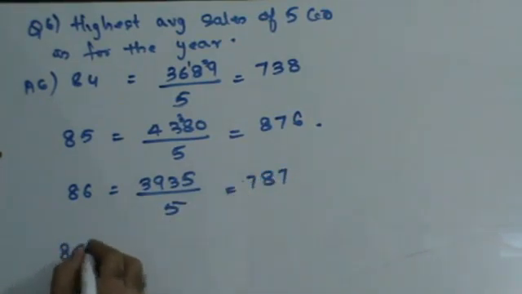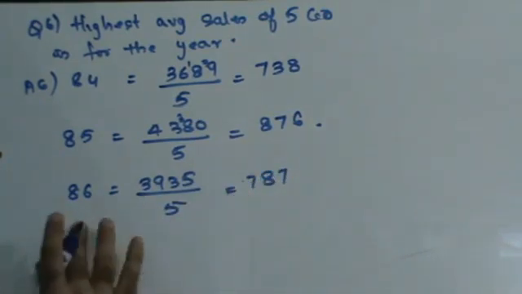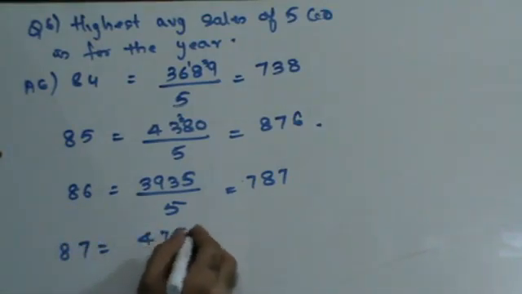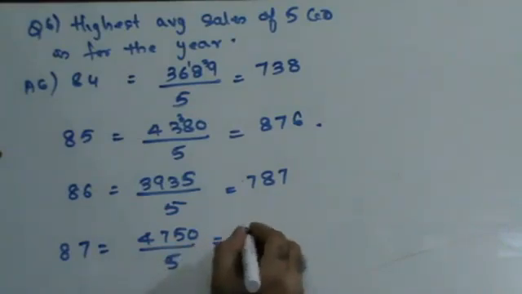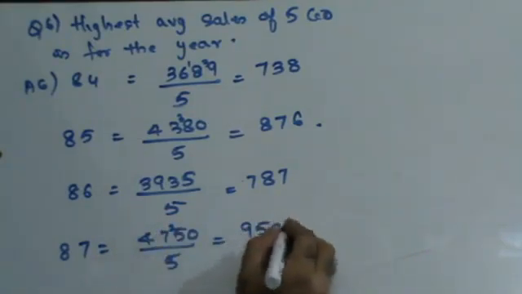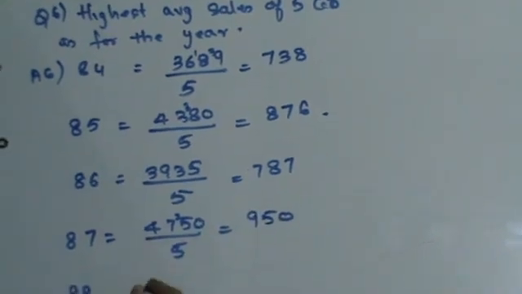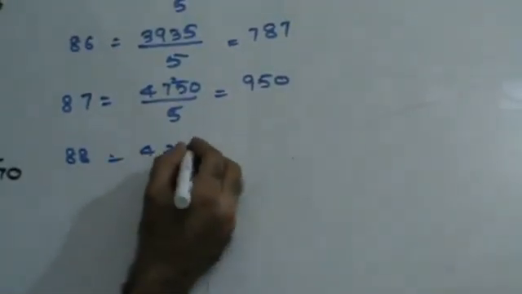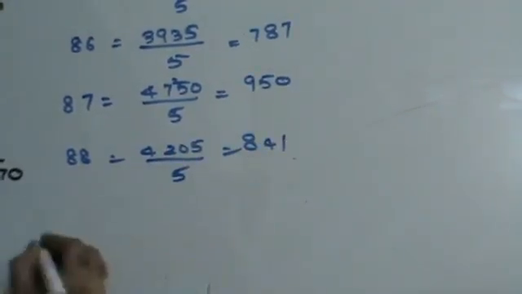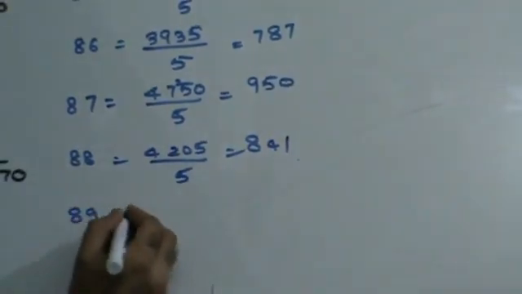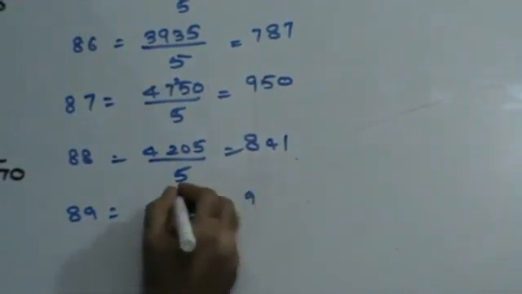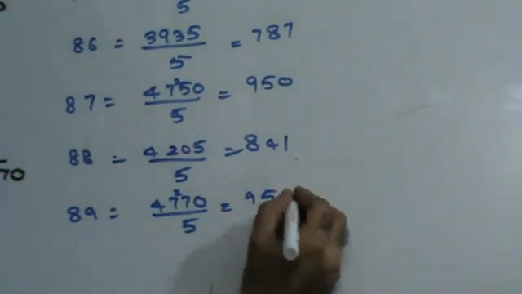For the year 87, 4750 upon 5, 9 5s are 45, 950. For the year 88, 4205 divided by 5, 8 5s are 40, 4 1. For the year 89, 4770 divided by 5, 9 5s are 45, 5 4.